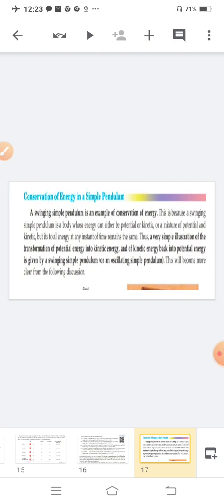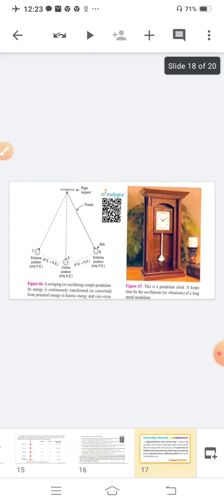This I have explained earlier also. So a very simple illustration of the transformation of potential energy into kinetic energy and of kinetic energy back into potential energy is given by a swinging or oscillating simple pendulum. This will become clearer from the following discussion.